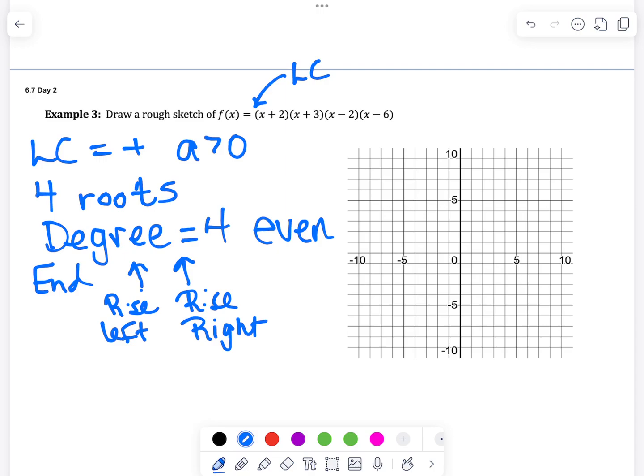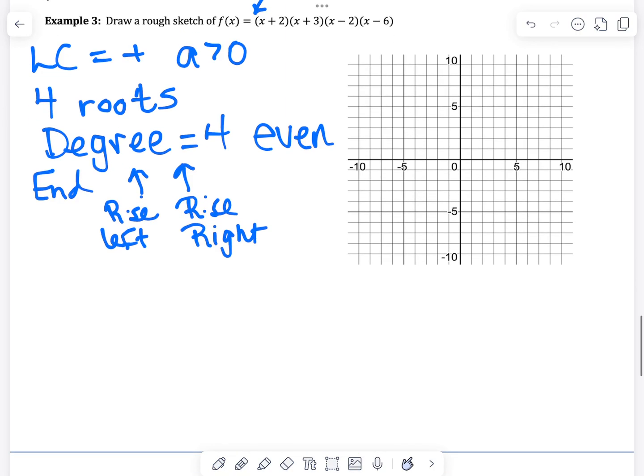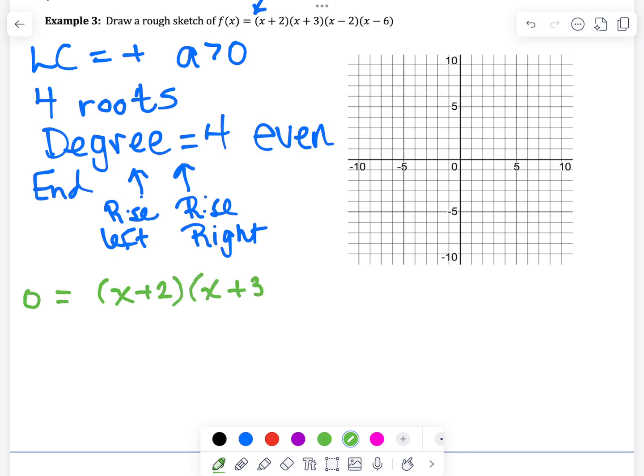Then what we do is we find the roots. So we're going to use our zero product property. We're going to set the function equal to 0. And then find the roots. So we would set x plus 2 equal to 0, and we'd solve it. We'd subtract 2 from both sides. So our first root, or x-intercept, is going to be at -2.